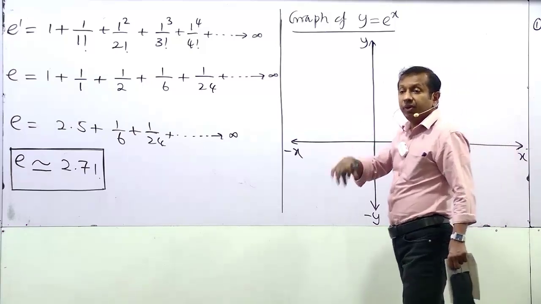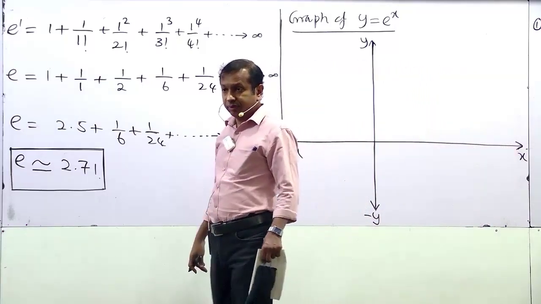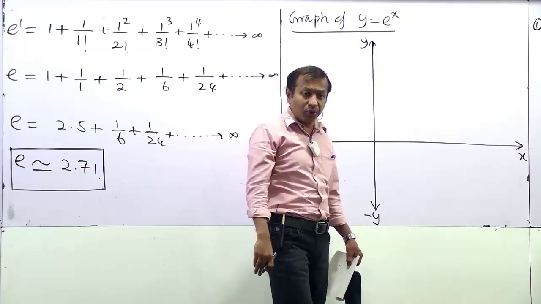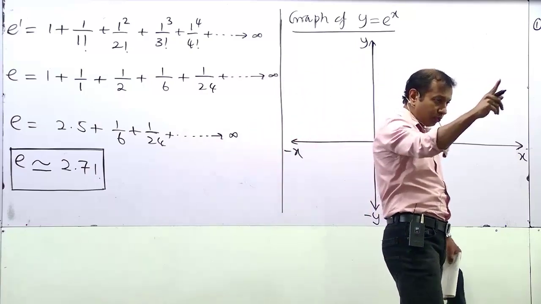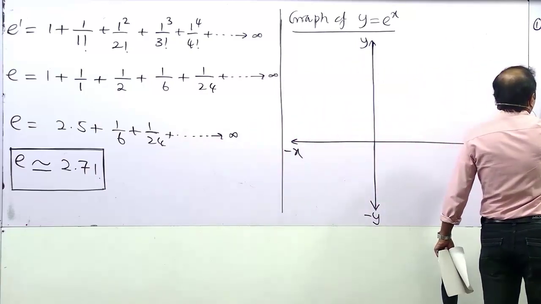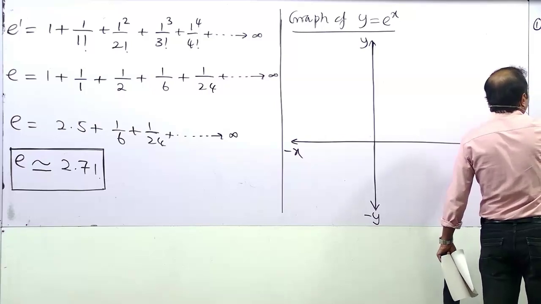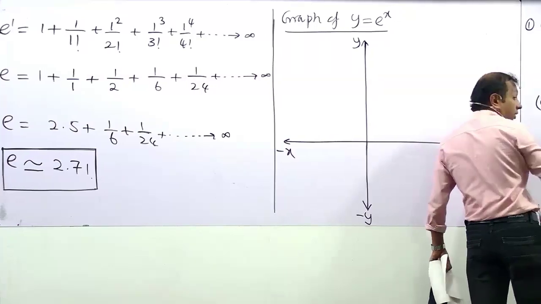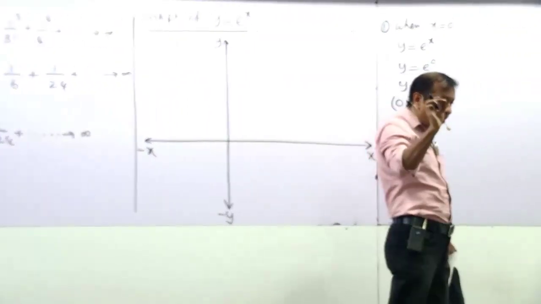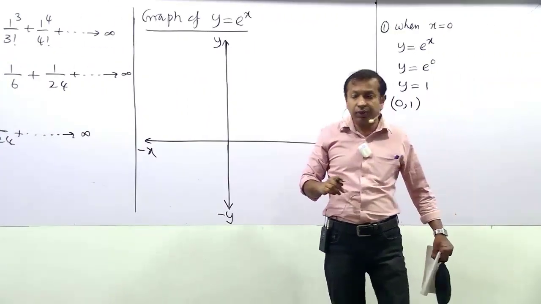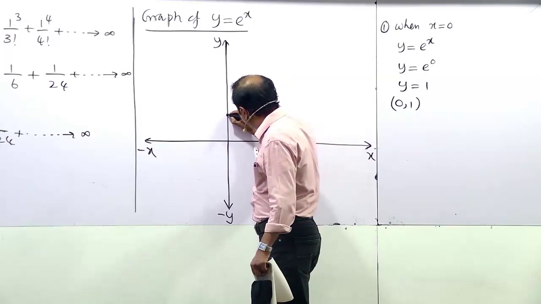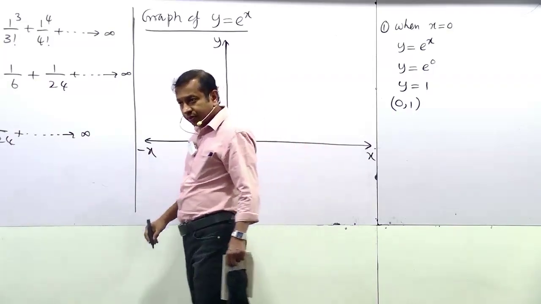Power 0 of any number is what? 1. e means 2.71, no? 2.71 to the power 0 is 1. So what can you say? When x equals 0, y is 1. What do you mean by that? The graph passes through the point (0, 1). The graph cuts the y-axis at (0, 1). This is the point.